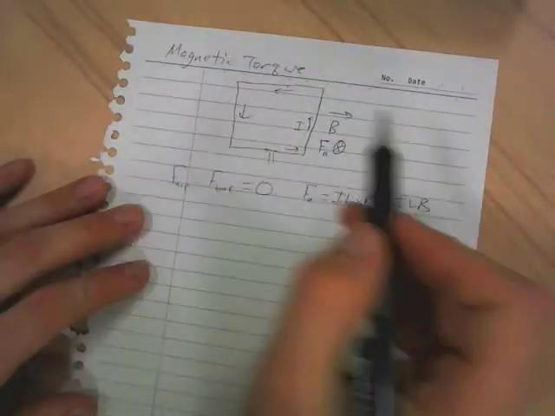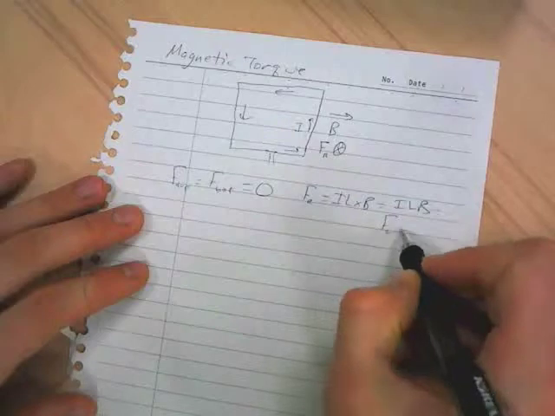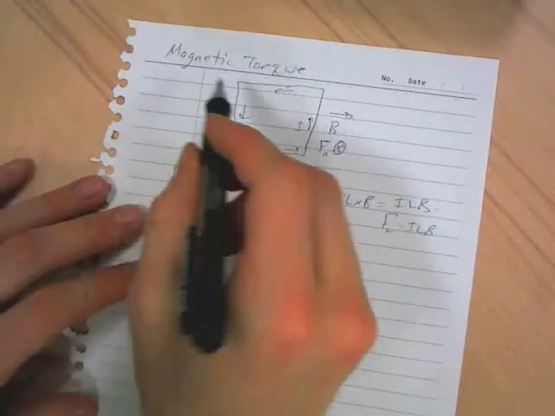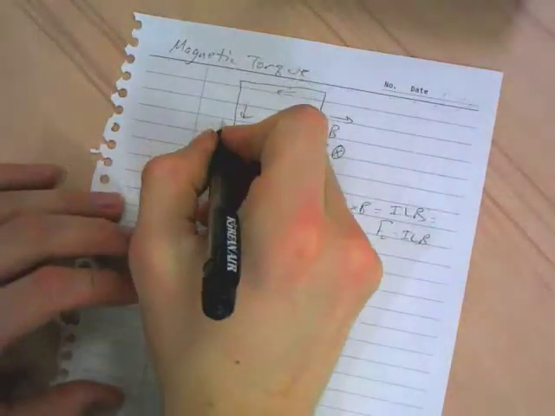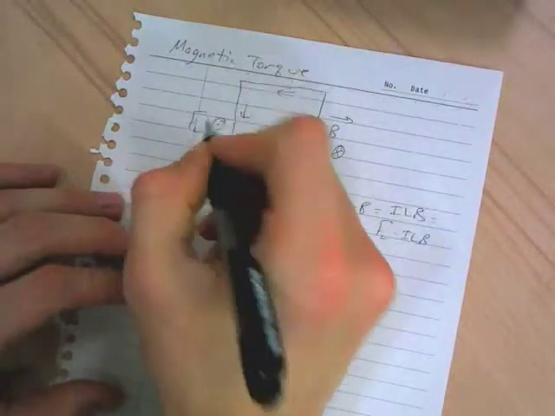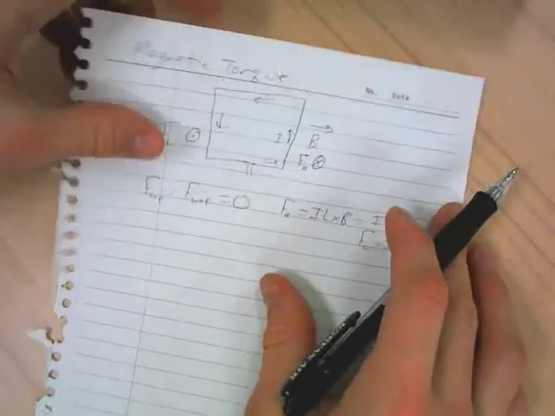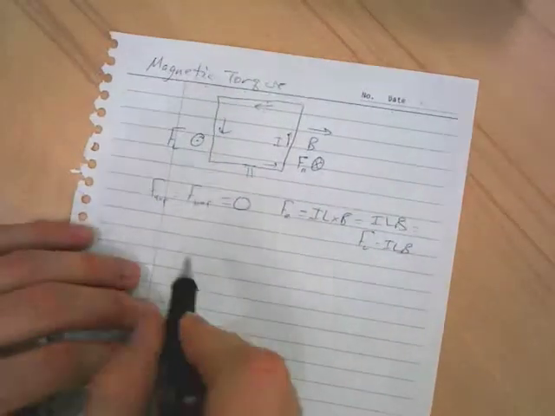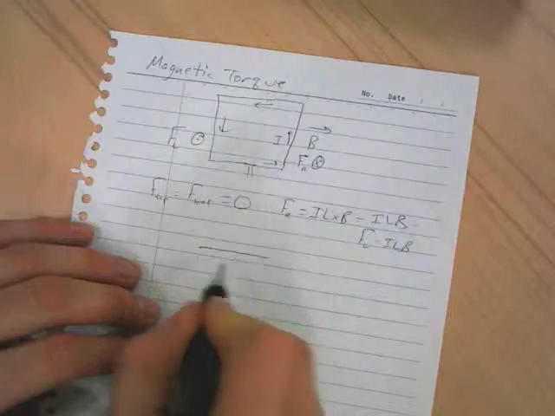So the force on the right is acting into the page. If we look at the left wire, the magnitude of that is also ILB, but that force, if we follow our right-hand rule, we've got current going downward, curl fingers in the direction of the B field, and that is a force coming out of the page. So the force on the left is coming out of the page. If we shift our brains and look at this from a top view, looking down on the loop, it's a rectangle, so looking straight down on it, it'll look like a straight line.